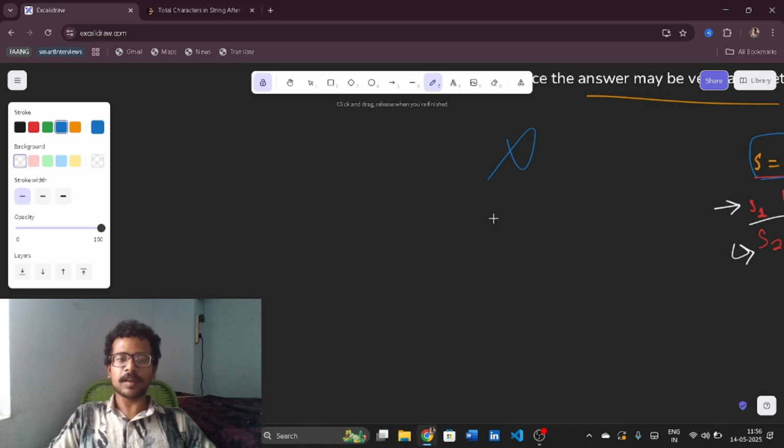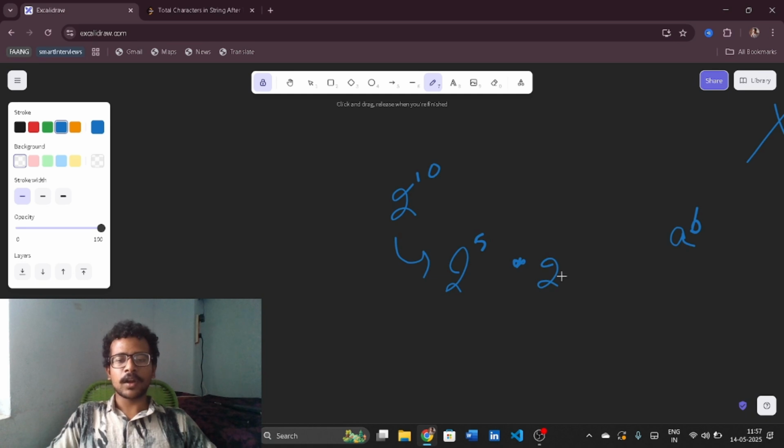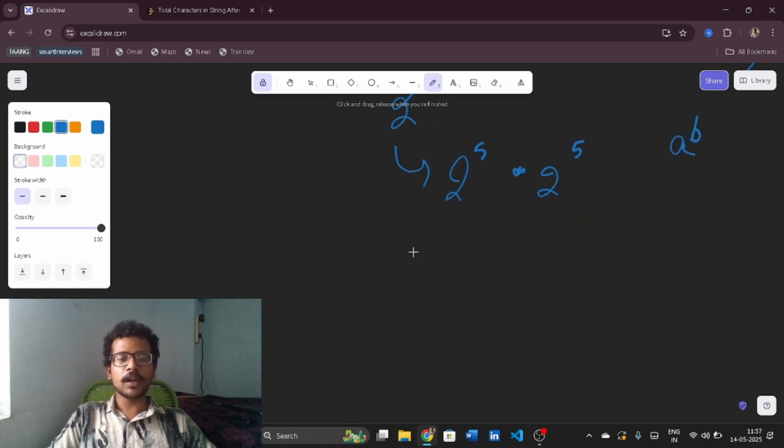Now, I'll tell you something which you already knew if you are into DSA: a power b. How do you calculate it? Just take 2 power 10. How would you calculate it? 2 power 5 into 2 power 5. Now, how would you calculate 2 power 5? 2 power 2 into 2 power 2 into 2.